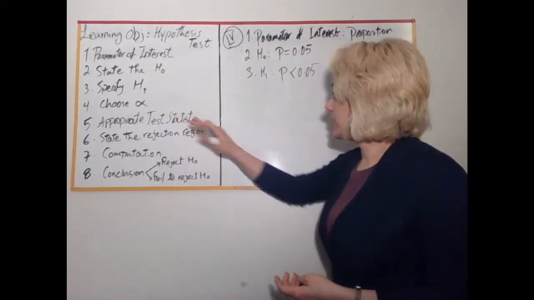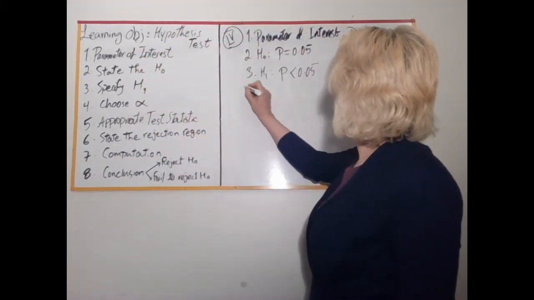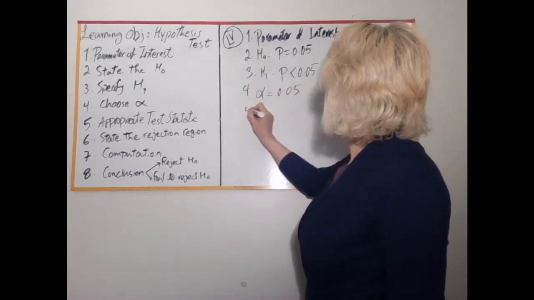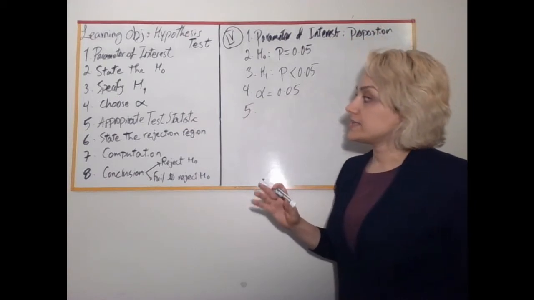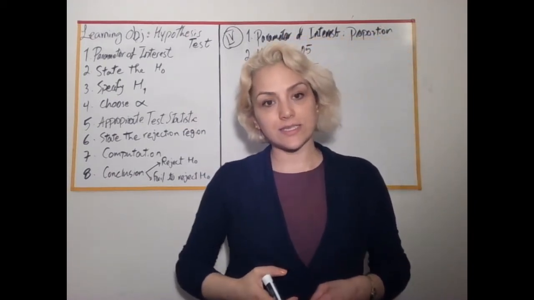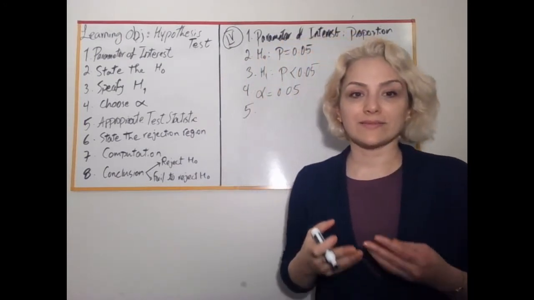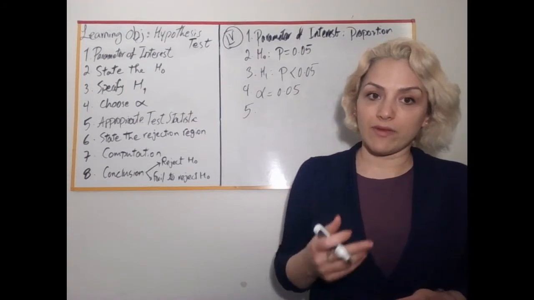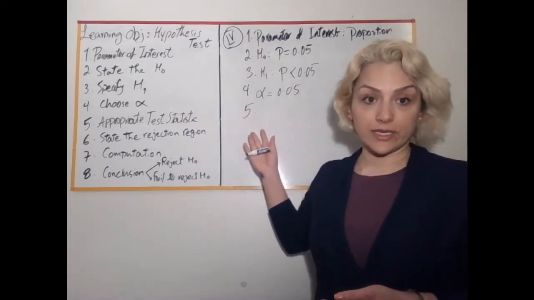The next step is that we want to choose our alpha from the question. You know that our alpha is 0.05. Step number 5 is the appropriate test statistic. For the test statistic, we are going to use the same equation that we had in the previous video when we were learning about the fourth category.